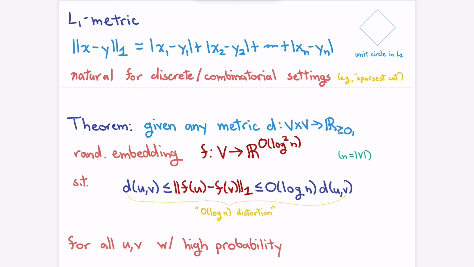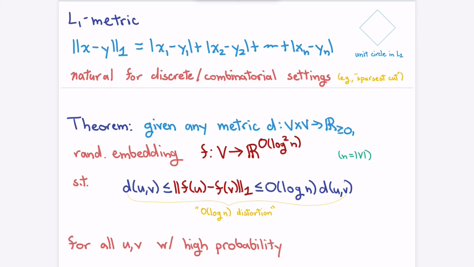We'll only touch on this in this class, but there's a whole field of going from one metric to another in high dimensional geometry. This is partly just to expose you to some of this stuff. But it's a big topic in and of itself, this idea of metric embeddings. One thing that's nice is that we can take any metric as input.